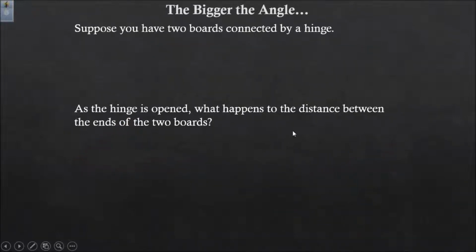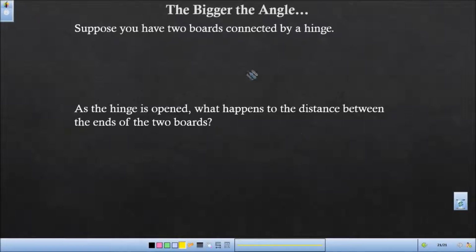Now, let's suppose for a minute that I have two boards, and those two boards are connected by a hinge. As this hinge opens and shuts, what happens to the distance between the two boards? Well, as it opens, the distance becomes greater.